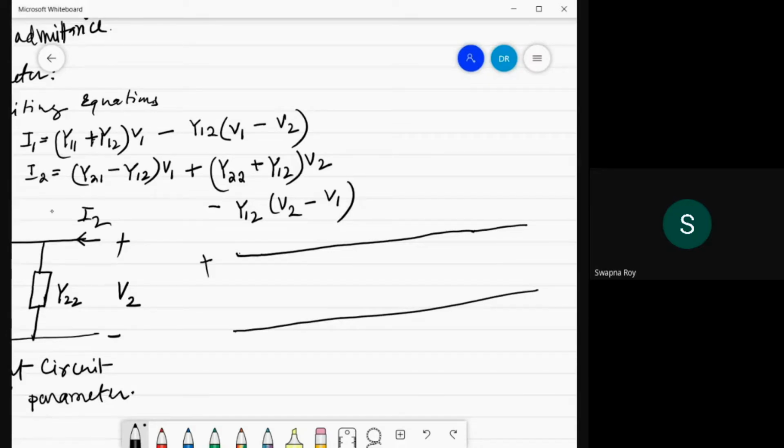The input port voltage is V1, and I1 current is entering. So I1 is equal to Y11 plus Y12 into V1. So one admittance is there, Y11 plus Y12.